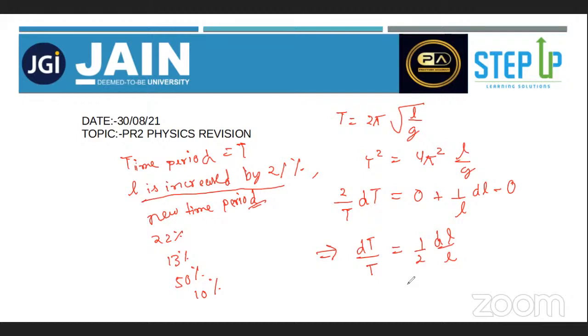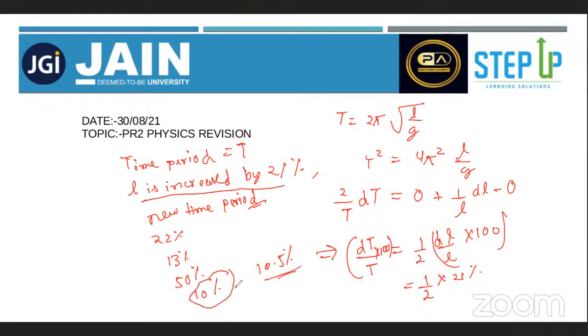So 21% goes on the right side, 1 by 2 into dL by L, multiplying by 100 on both sides. So dL by L is basically equal to 21%. So 1 by 2 of 21% is basically 10.5%. 10.5% is not in the options. The closest is 10%, so the answer will be 10%.